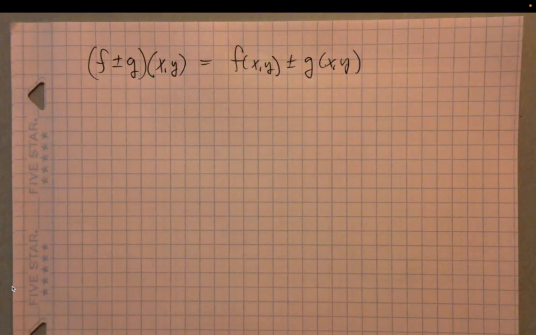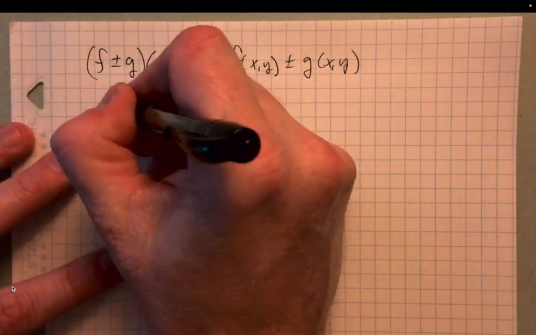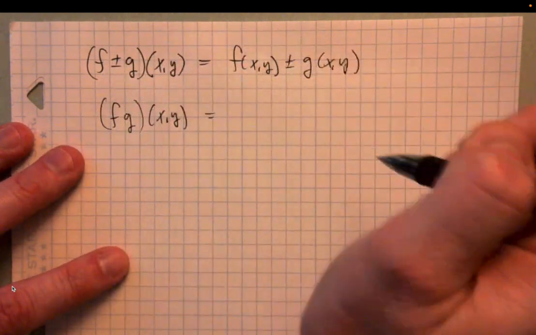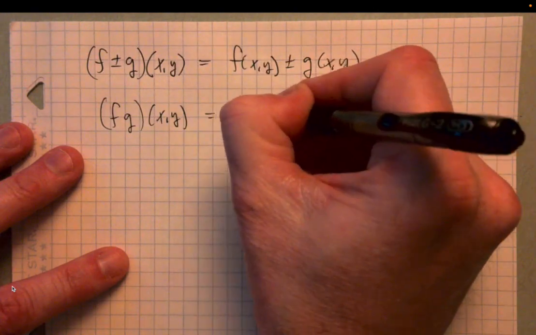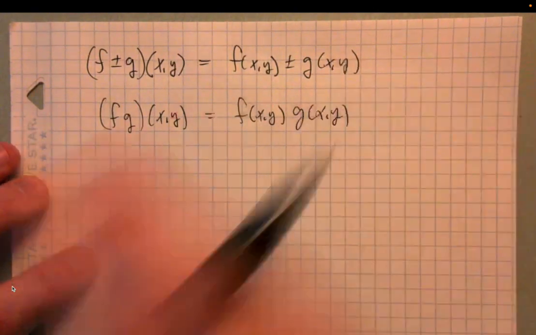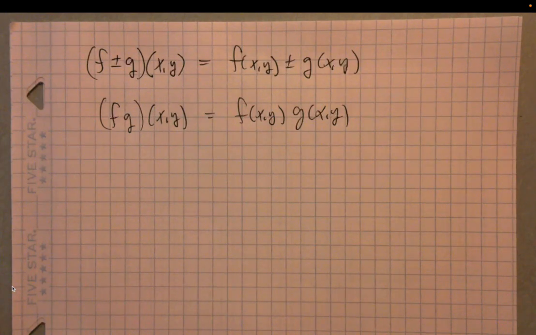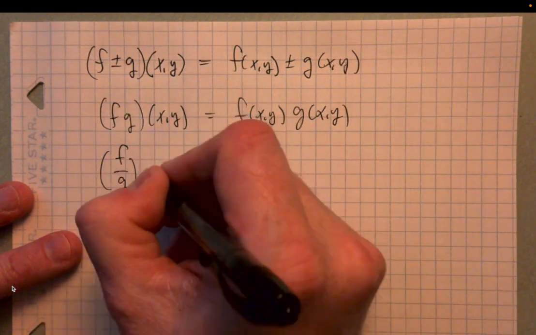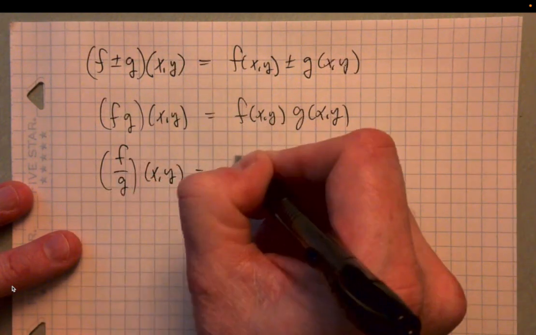Okay, you can add functions like this. Multiplication works the same as well. So that's f of x, y times g of x, y. Similar, well, the same as what we had previously seen. And of course, division works the same as well.